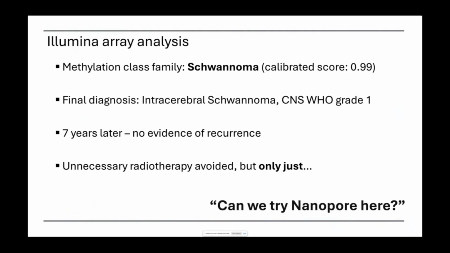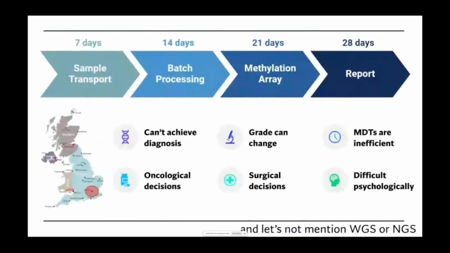And so Simon's question was, can we try nanopore sequencing here in Nottingham? And could we use it to try and speed up the turnaround times for the patients that he saw day in and day out? Why is that important? Well, obviously, every country has its own methods and approaches and its own setups for doing this sort of thing.